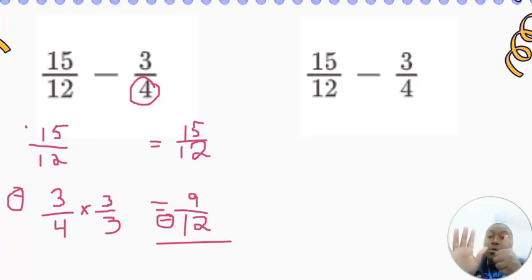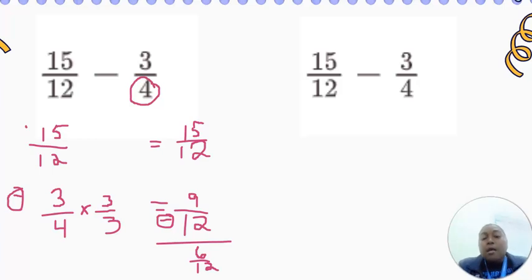So your answer will be 6, because you have 6 fingers up, over 12. You can also begin with the number 9. 9, 10, 11, 12, 13, 14, 15. Those are 2 other ways that you can subtract 15 minus 9.